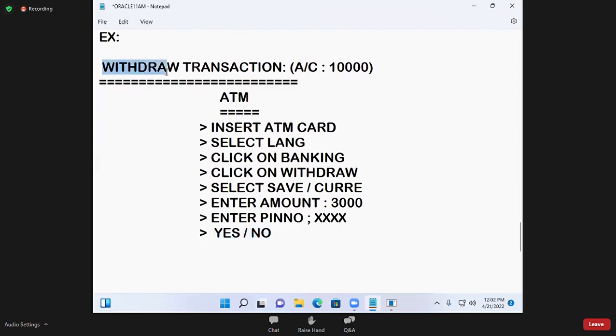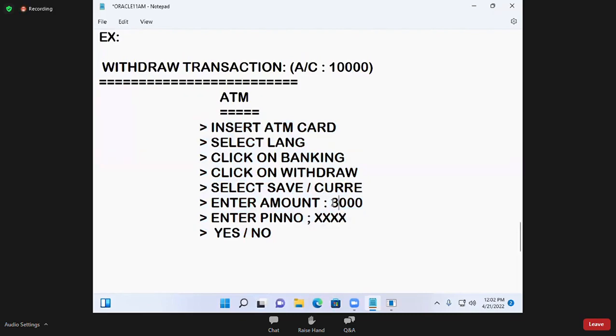Your transaction may be successfully completed or successfully cancelled. In total, I have to do 8 operations.